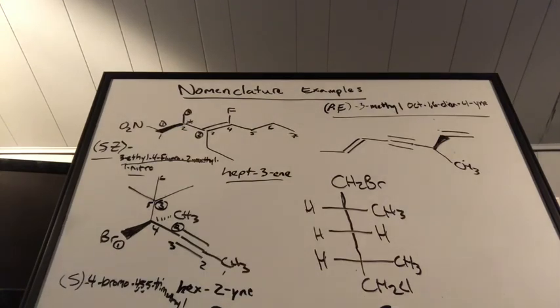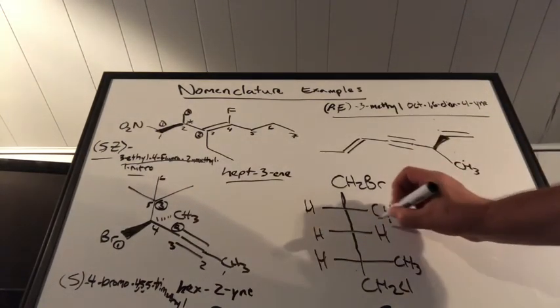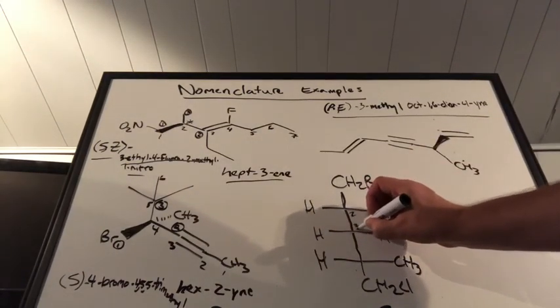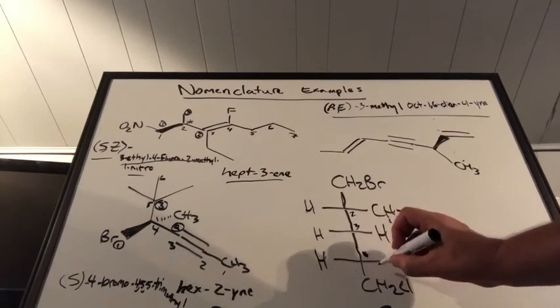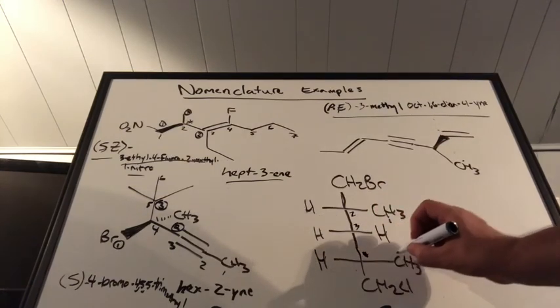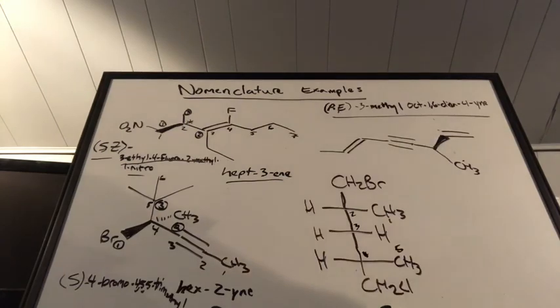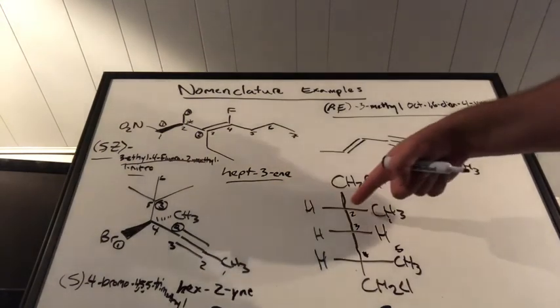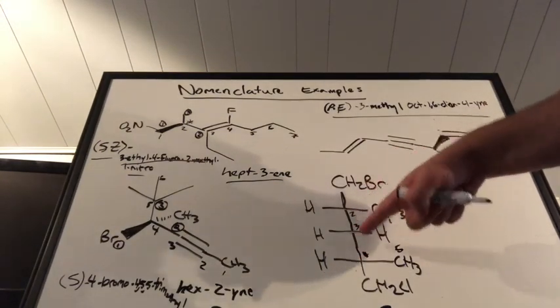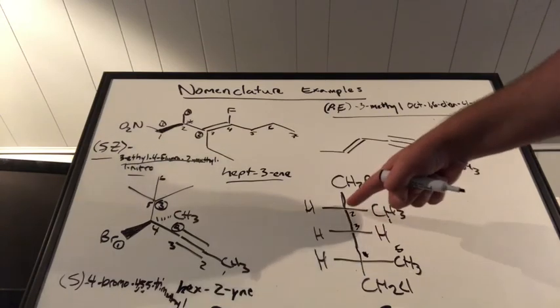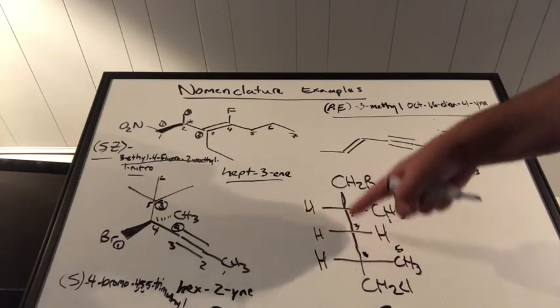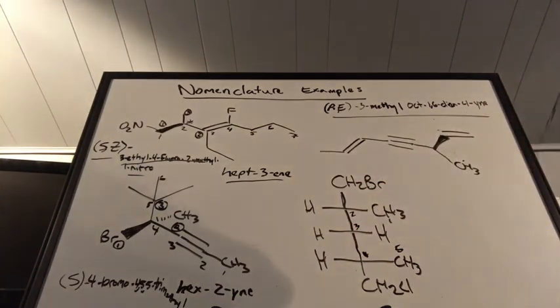So how we would do that is, let's just say this is going to be 1, this is going to be 2, this is going to be 3, this is going to be 4, this is going to be 5. Remember we're also giving this the lowest locator numbers because these two are stereogenic carbons. 3 is not, so bear in mind that.